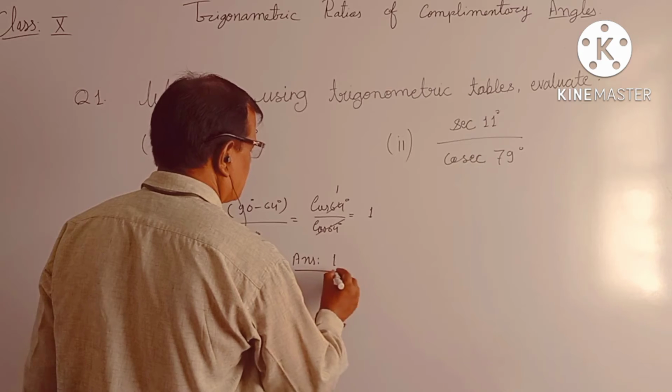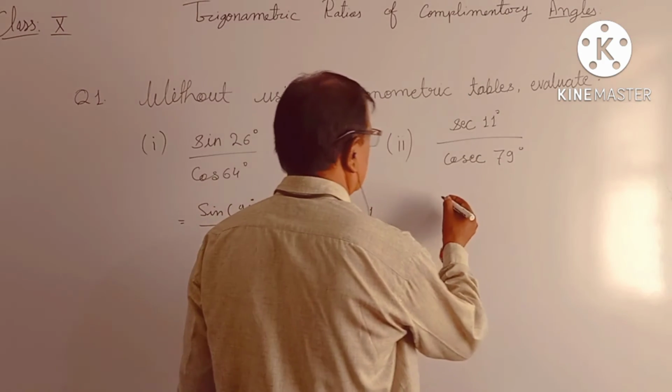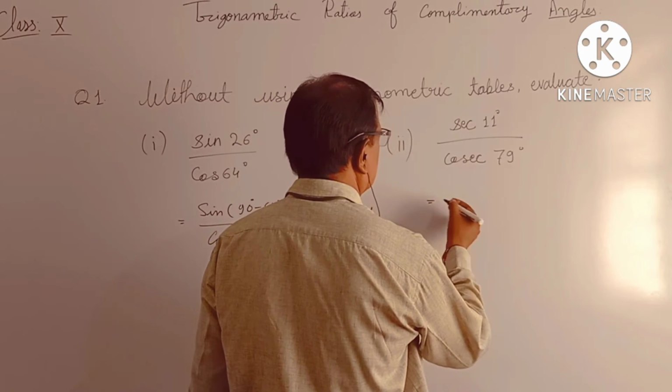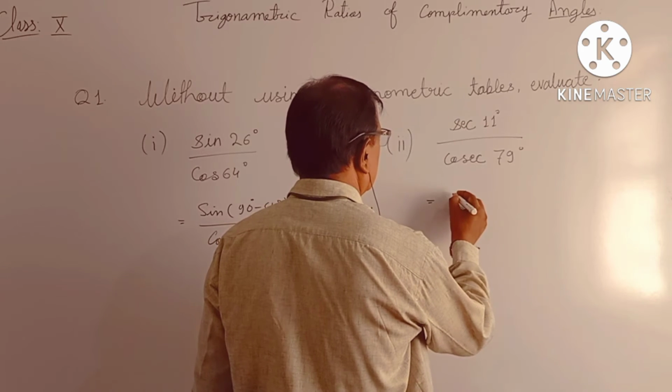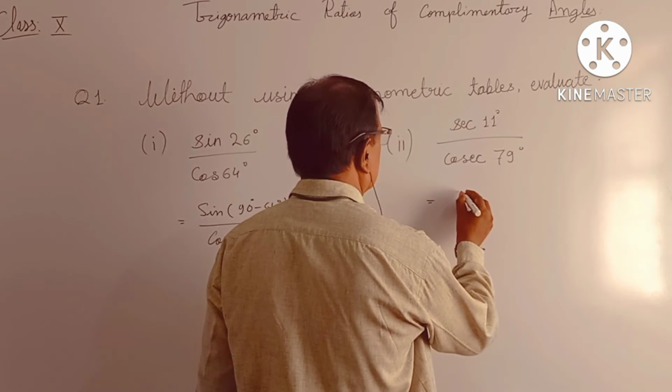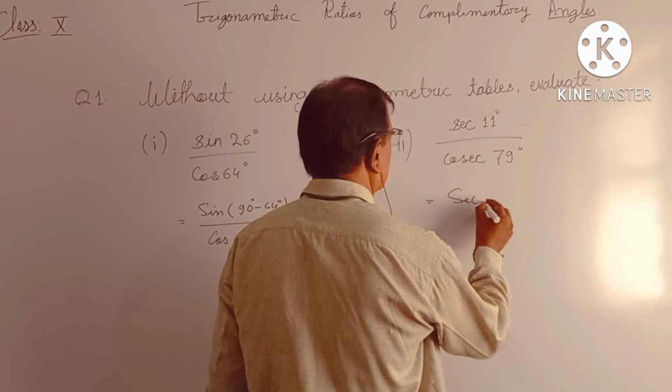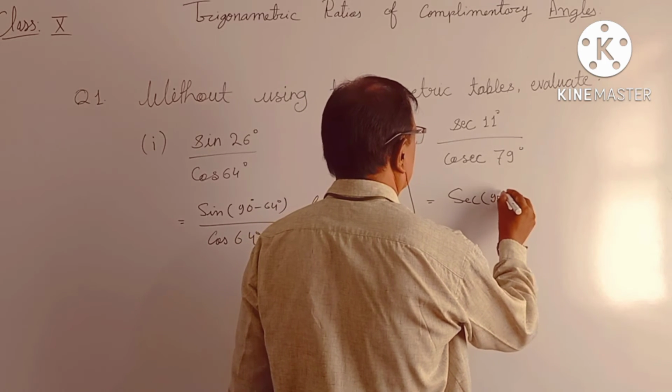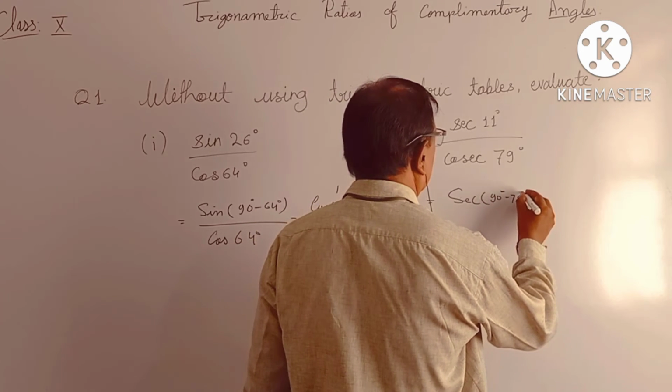Now we are going to solve the next. As written in the question, 11 degrees, we can write sec of 90 minus 79 degrees.